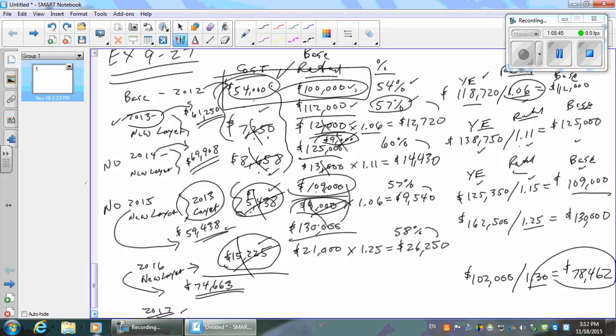I've only got 78 in base dollars from the 2012 layer. What's not left? It's 78 now instead of 100, so 21.5 has disappeared, huh?